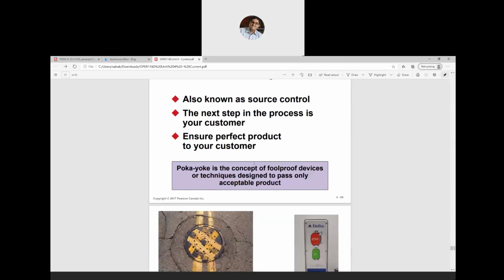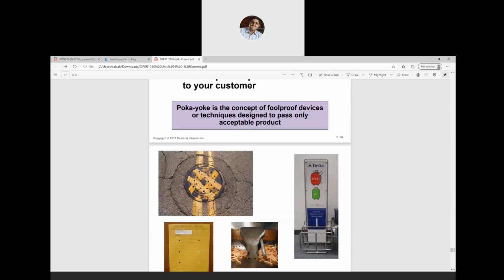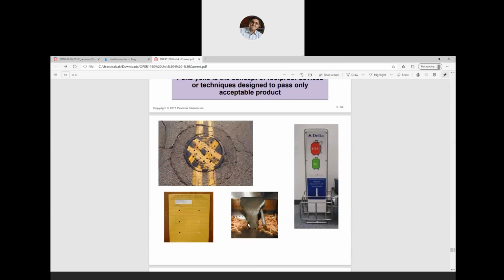So poka-yoke normally refers to foolproofing. Now there are more examples here. Source inspection is about poka-yoke, the concept of foolproof devices or techniques designed so that only an acceptable product, only an acceptable thing, reaches the customer.